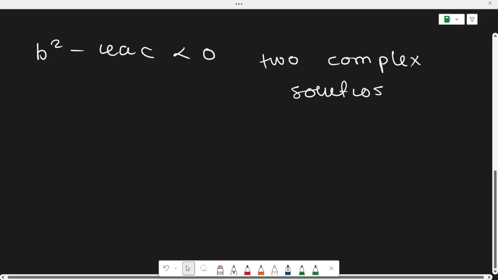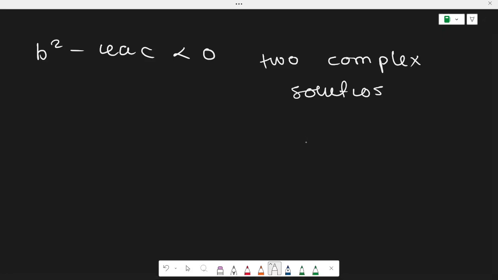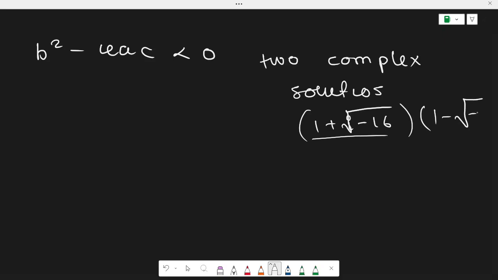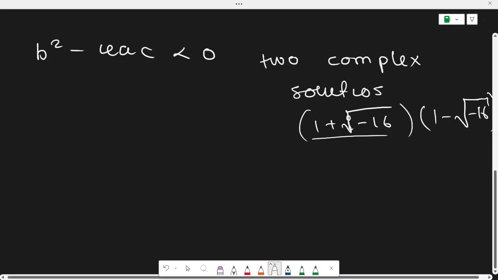Okay, so an example of this is where you have 2 complex and non-real solutions. An example would be, let's say you get a solution like 1 plus square root of negative 16. This is unreal.